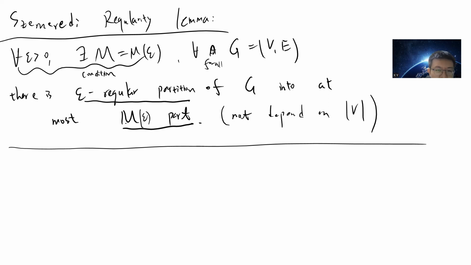But the depth of this is that the size of V, the size of the graph, can be arbitrarily large, as large as a tower of 1 over epsilon, and can keep growing, can be astronomically large. But this M of epsilon can only depend on epsilon. So whenever your graph is arbitrarily large, you can always partition G into a finite number of small parts, depending only on epsilon.